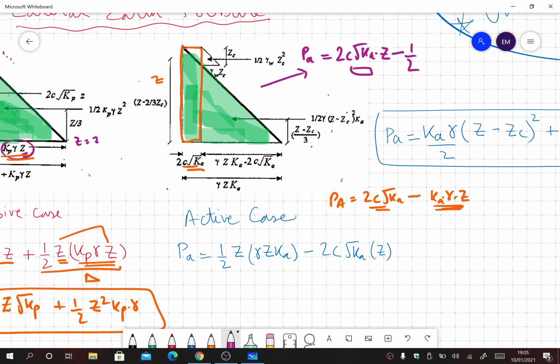The total width is gamma z Ka and this whole height is z, and 1 by 2. So we are subtracting this. So 2c z under root Ka minus half gamma z square Ka.